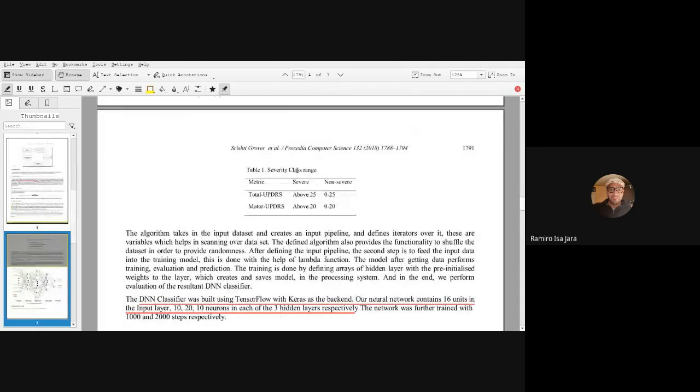In this table, the metric used to evaluate severe and non-severe Parkinson's disease in patients is presented. The metric is evaluated above 25 or above 20. In the range, non-severe is classified according to the value.